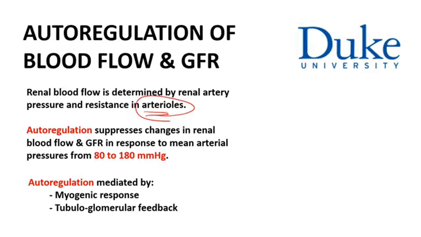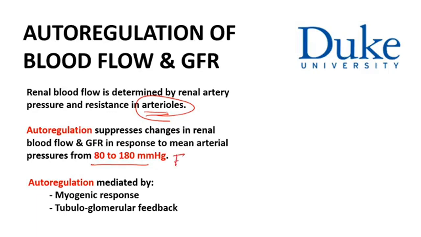This is called autoregulation, where the kidney is effectively running independent of mean arterial pressure, and it does so between 80 and 180 millimeters of mercury. So as long as the entire body is running with a mean arterial pressure between 80 and 180 millimeters of mercury, the kidney adjusts for whatever the blood pressure is that it's getting.